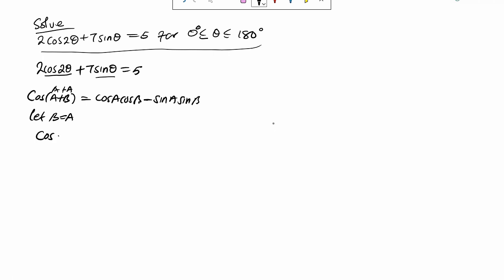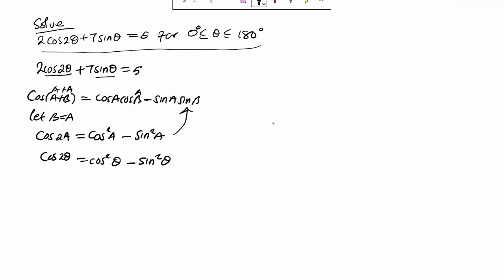So what we shall have is cos 2A equals, since B is A, cos A times cos A, which becomes cos squared A minus sine squared A. Now this is an example of a double angle derived from the compound angle formula. So it means that cos 2 theta equals cos squared theta minus sine squared theta.